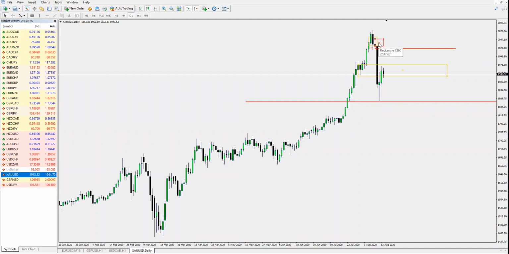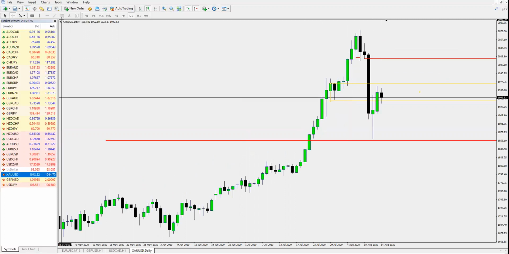If this gap on the daily chart, this daily liquidity void over here, gets closed and price travels up and closes that void, then to me there's evidence that we could expect a further move to the downside on gold.